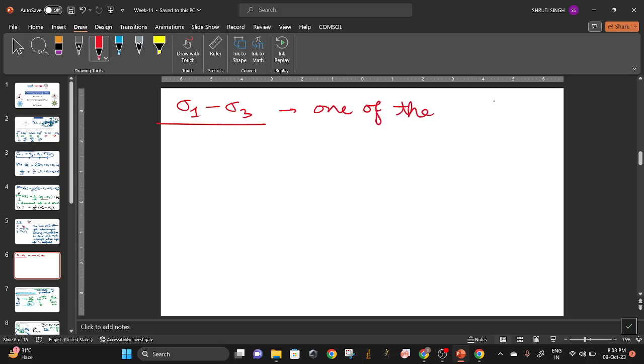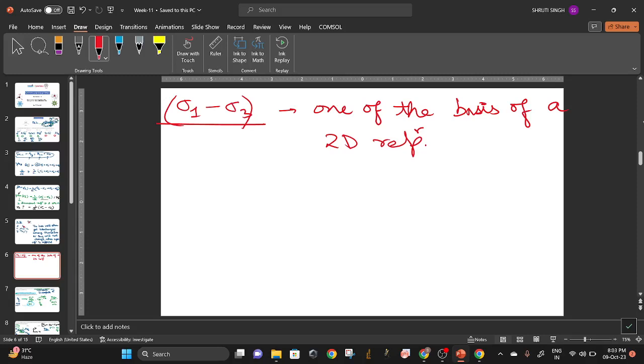So when I apply the symmetry operations of the point group D4h, what should happen? Either sigma 1 minus sigma 3 should remain sigma 1 minus sigma 3, or else it should give the other basis.